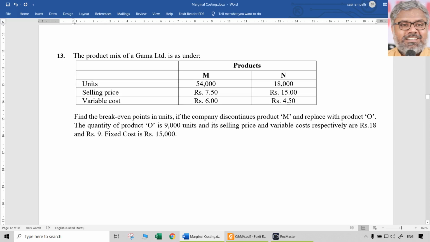This is not accounts, this is costing. So mechanical calculations, directly just debit credit like that, if we do, that will not work here. So you have to be very careful in calculating everything each and every time. That is the difference we have to identify in this subject. And naturally with more focus and concentration, accuracy will automatically be achieved.